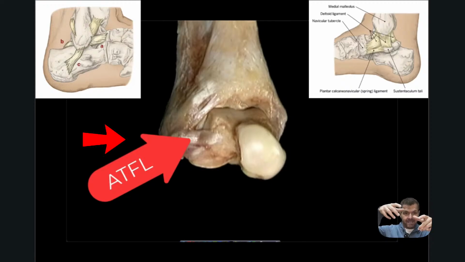But if you're combining that with an inversion as well, and as we talked about last session, ligaments don't like a shearing motion, that kind of twist. They're very good in a straight line, but they're not good with a twist. So if you've got down and twisted, that's a perfect recipe to injure this particular ligament.